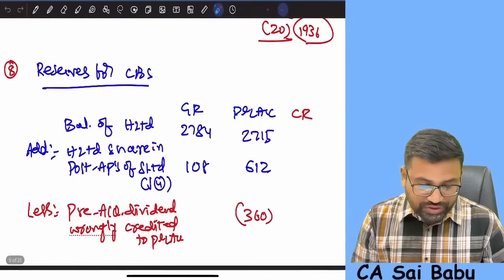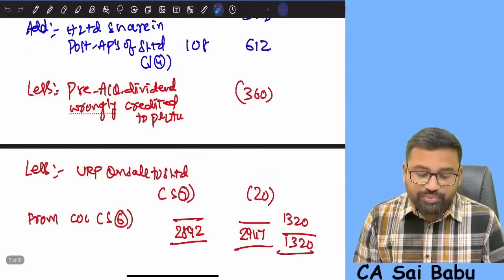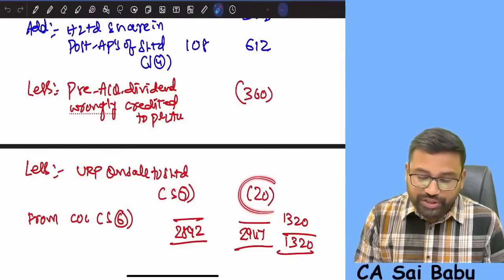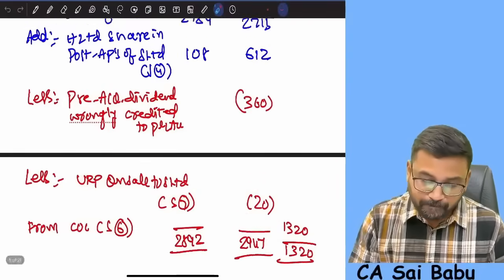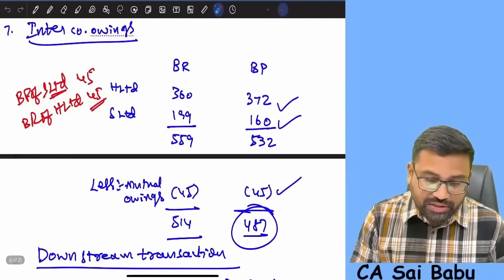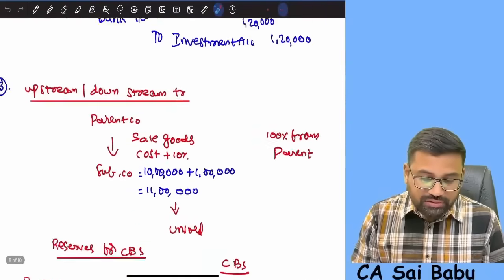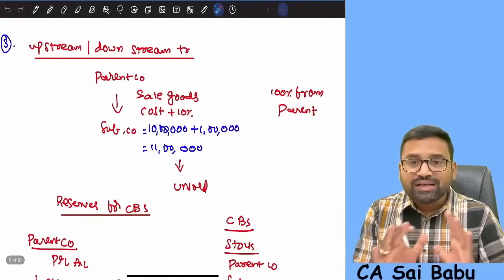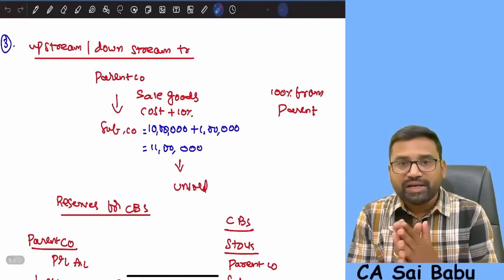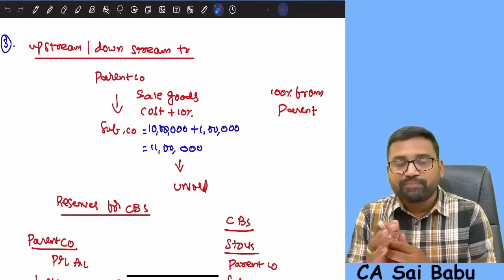I will show you. See this. Reserves for consolidated balance sheet. Unrealized profit on sale to subsidiary company 20. Eliminate. Okay. So this is another important adjustment. Whenever you are doing consolidation, if there are any transactions that have taken place between the parent and subsidiary, you see whether the transaction is downstream or upstream.